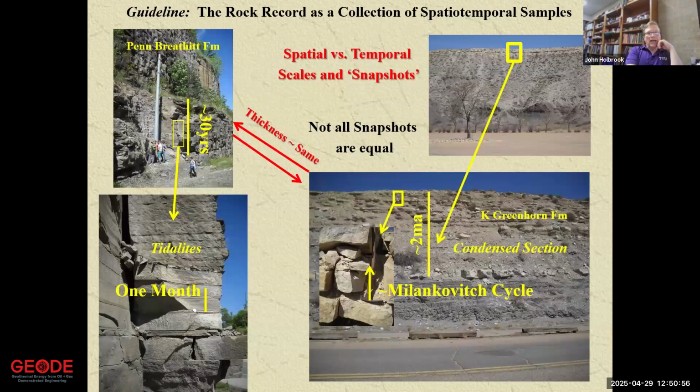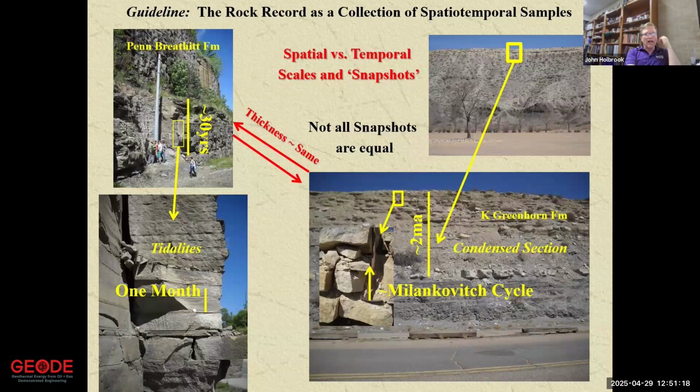So everything we're looking at is a snapshot. In these carbonates here of the Greenhorn Formation, these are preserving Milankovitch cycles. Each one of these beds is going to be a 20,000-year obliquity or something of that ilk, and each one is a snapshot, but it's recording a pretty good sized chunk of time.